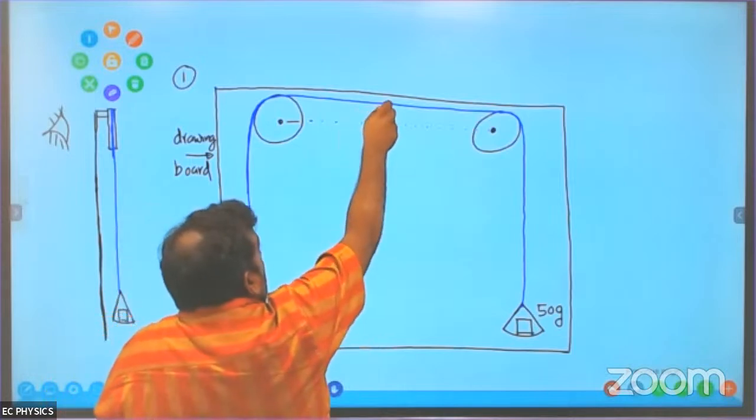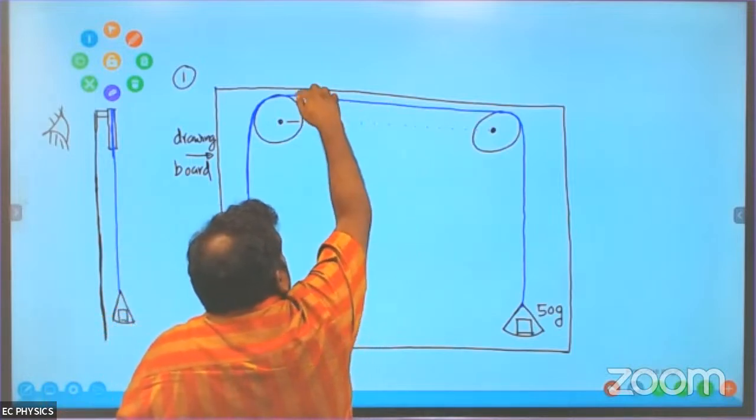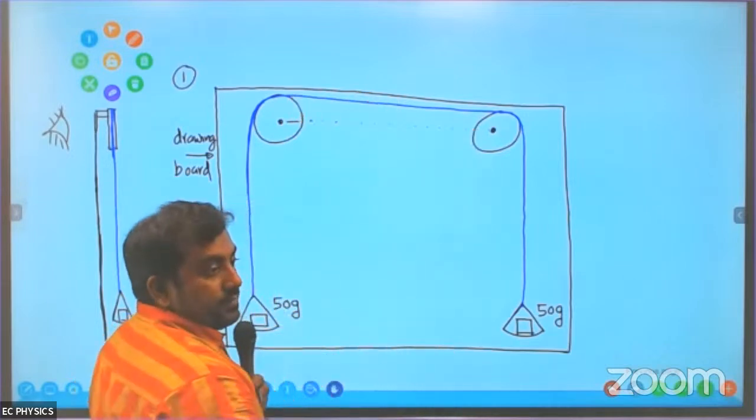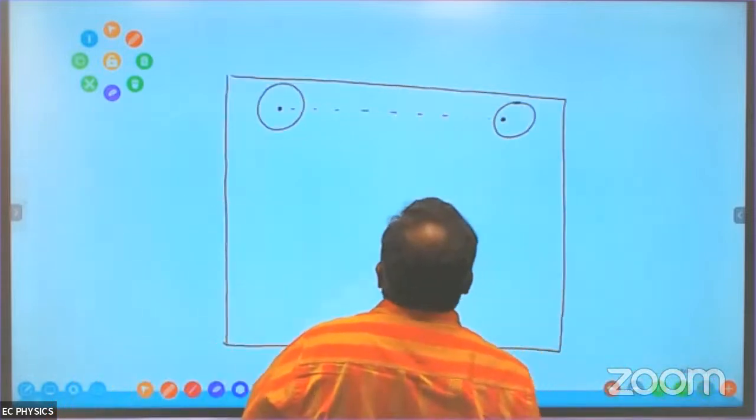Now, when you hang a known weight somewhere in between, what happens? The moment you hang it, this will come down. A V shape is formed.